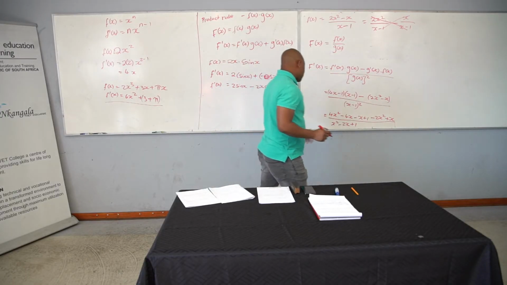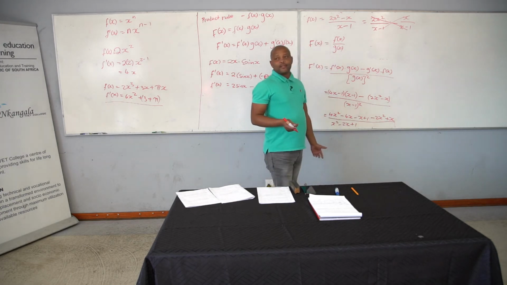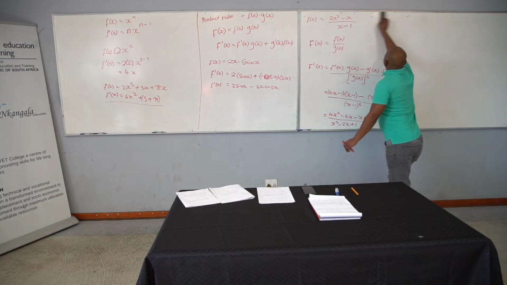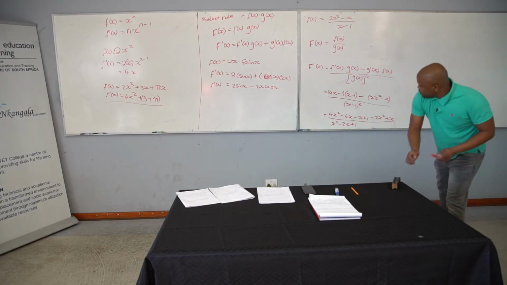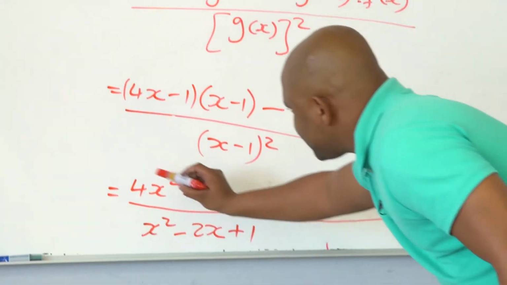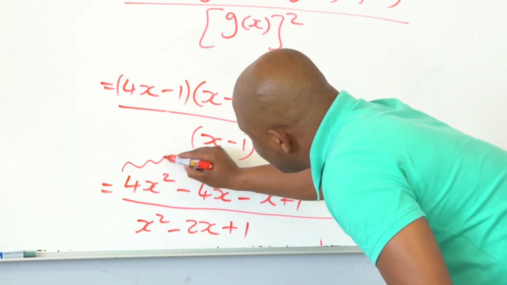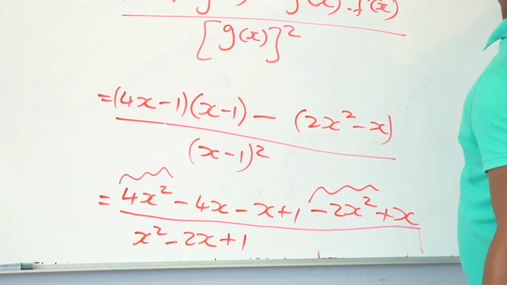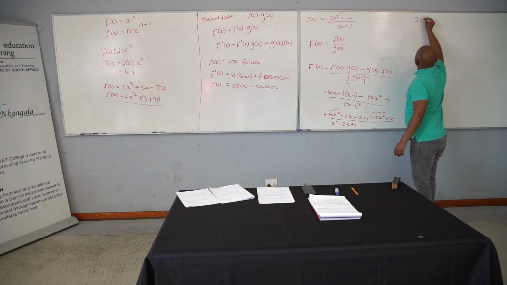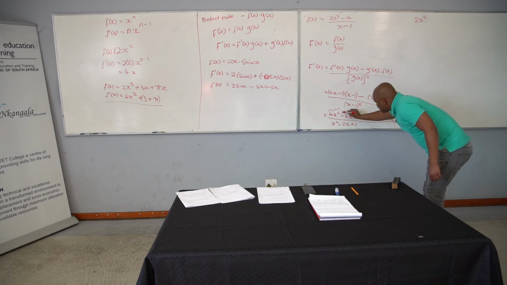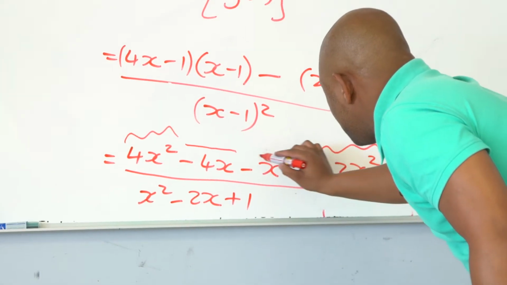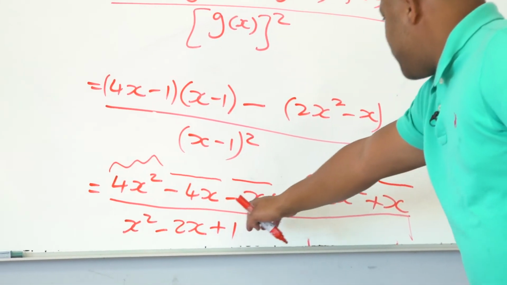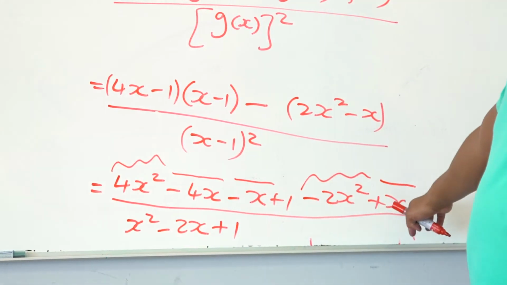So let's see. After here, you look for like terms. I have something with x squared here and something with x squared here. So 4 minus 2 is going to give me 2x squared. And then another like term is this x, this x, and this x, so this gives me minus 5x plus 1.